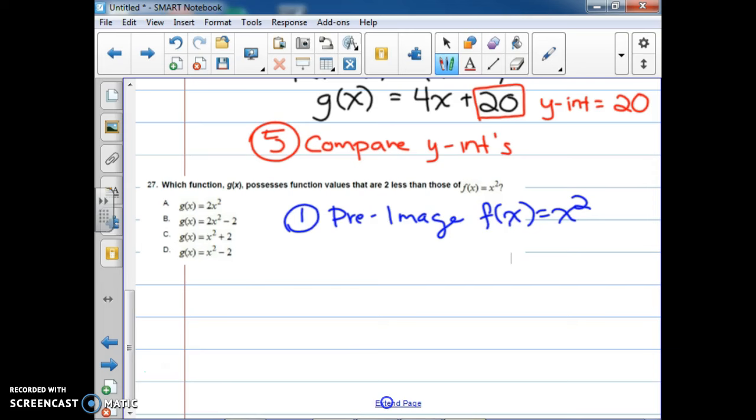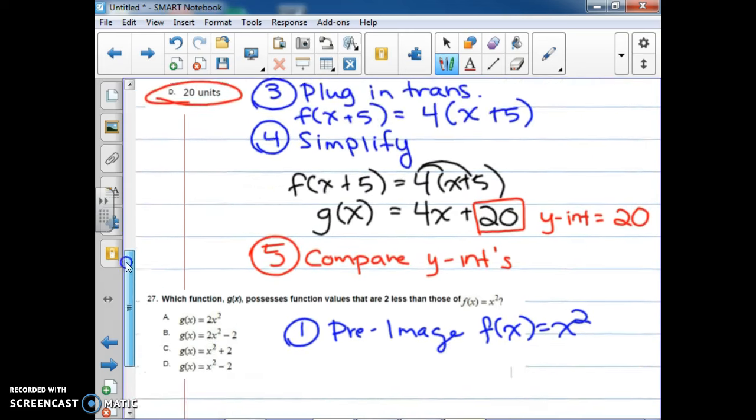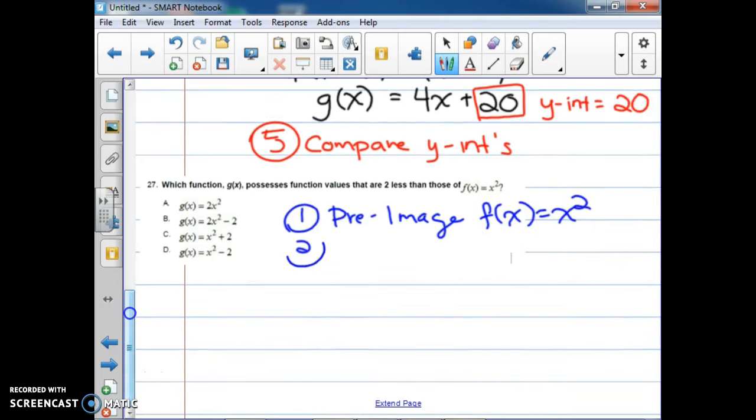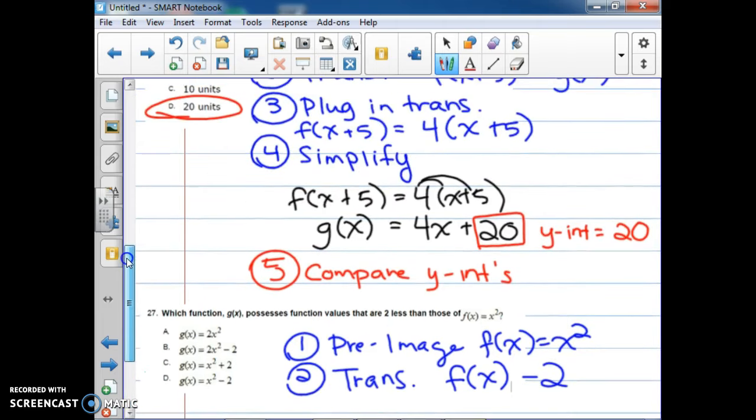And then our transformation. Okay. It says 2 less than our function, so that would be f of x minus 2. f of x is our function, so 2 less than will be subtracting 2.